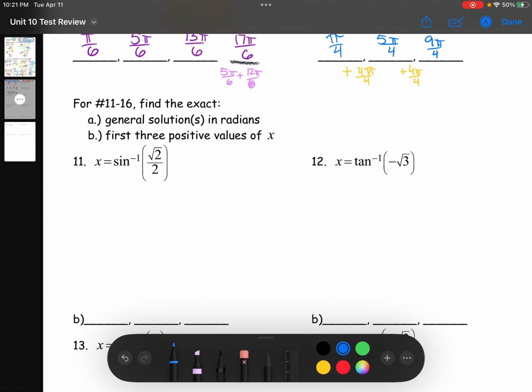Now, let's look at 11 through 16. Something's numbered wrong. That's okay. We are going to look at the general solutions, and then we're going to find the first three positive values of x.